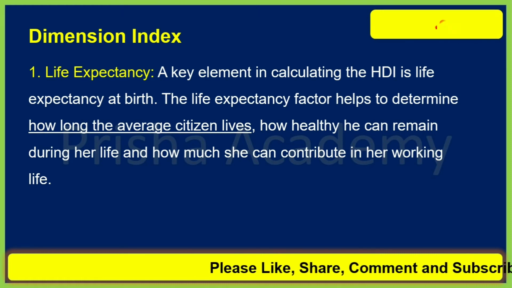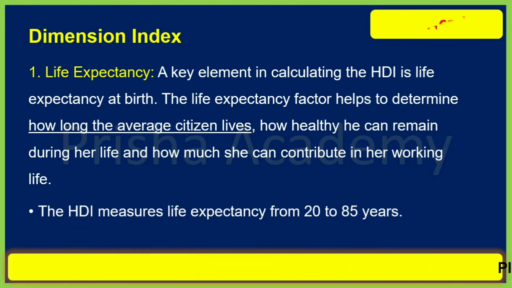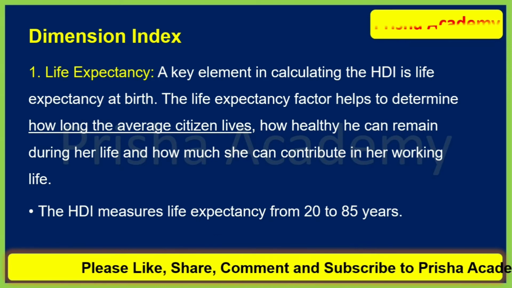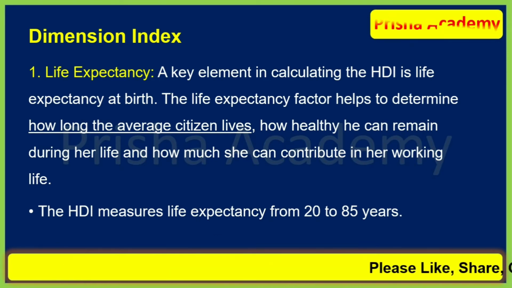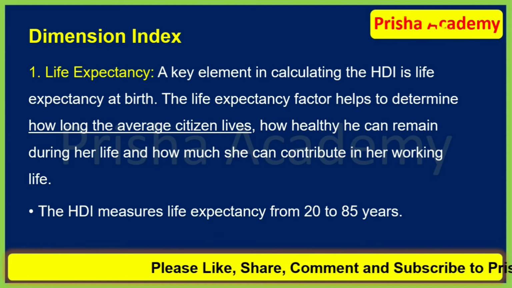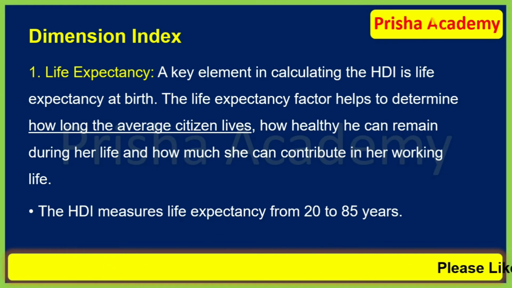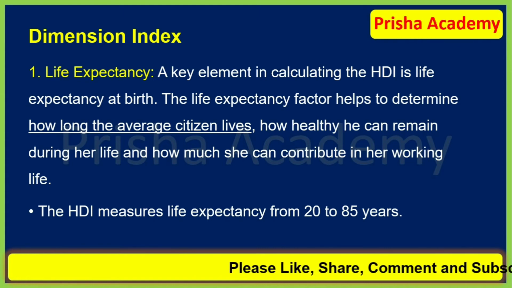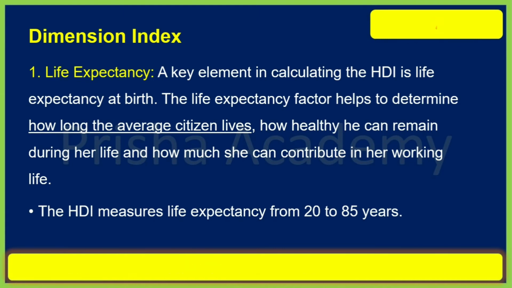UNDP says that the HDI measures life expectancy from 20 years to 85 years. So this is the range they suggest. The minimum life expectancy across all the countries cannot be below 20, and the highest they have said is 85.